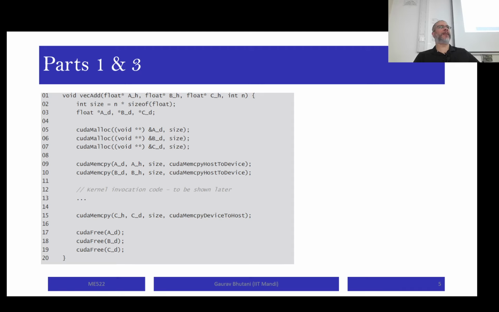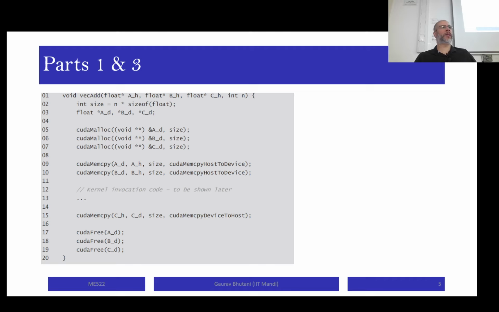The way you define memory on a device is using this function called cudaMalloc. This is CUDA C that we're talking about, and you pass in the reference to the array, or the pointer on the device memory, and the size in bytes as well. We do this memory allocation for the three arrays, then we copy the information from the host to the device.